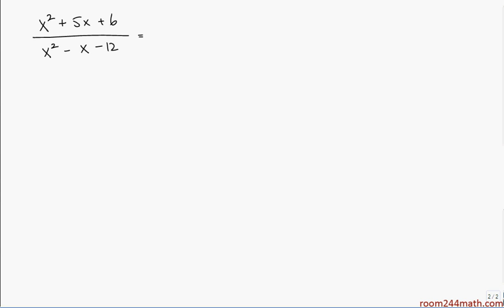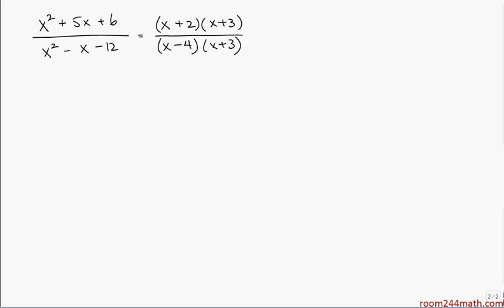It's going to be pretty tough to tell what the restrictions are until you have factored the denominator, but we want to factor the numerator at the same time. So let's write the numerator as (x plus 2)(x plus 3), and the denominator as (x minus 4)(x plus 3).